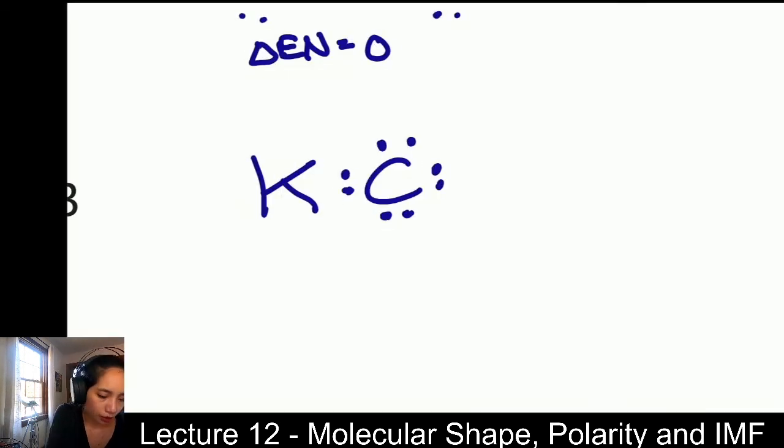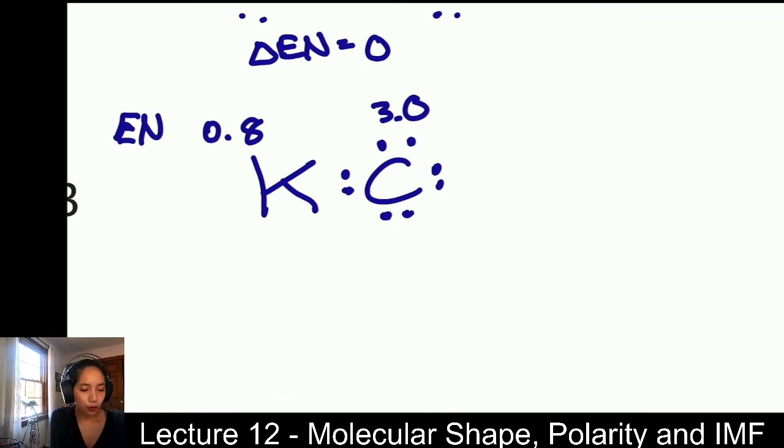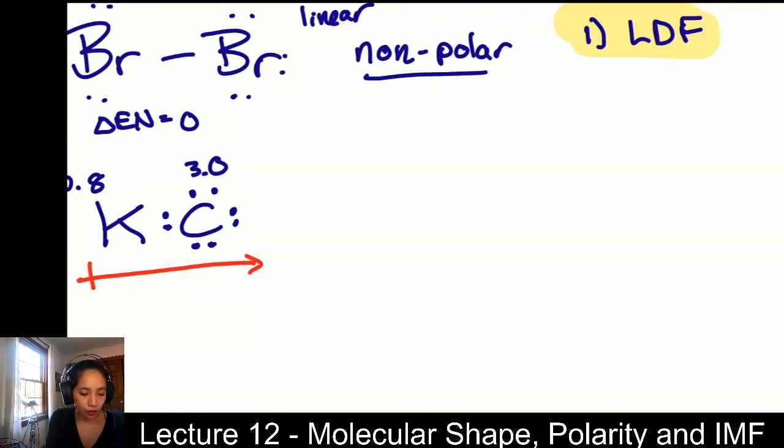So those are our electronegativities. If we drew our bond dipole arrow, it would look something like this. Okay, it's an ionic bond. It is definitely polarized. And so this would be a very polar molecule because it has an ionic bond there.